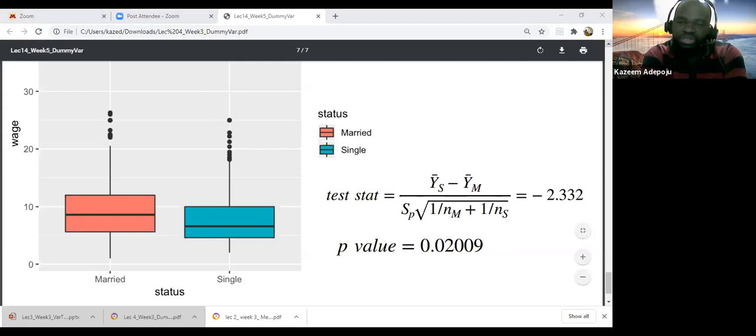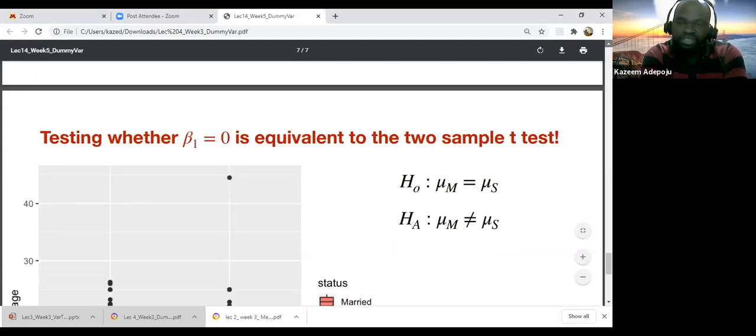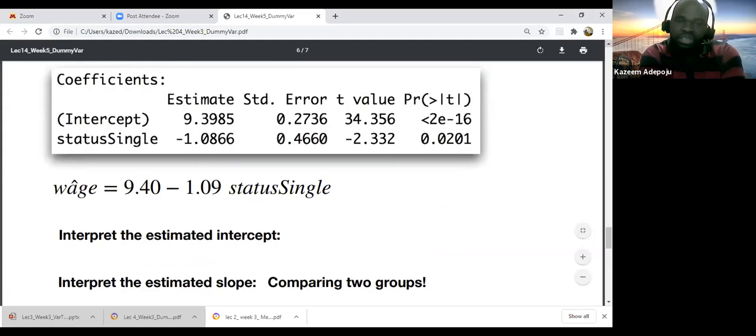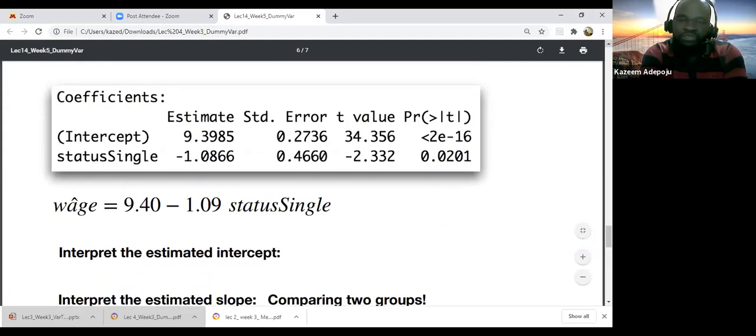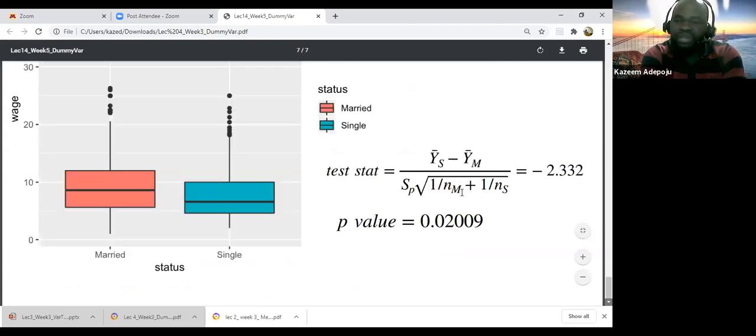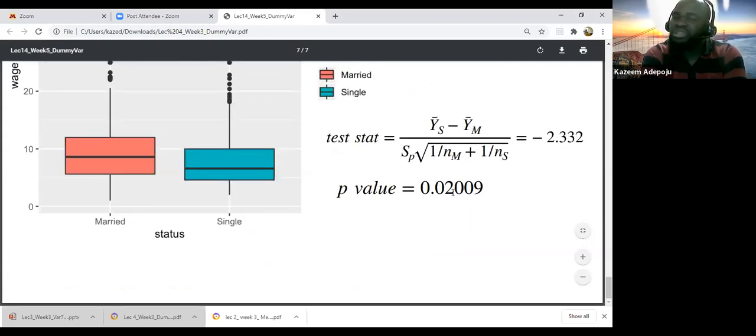Let's go back to the one we have in the regression. If you look at the p-value in the regression, we got 0.020. Can you see now? The p-value here is more or less the same as the p-value we have here. In fact, it's the same to 3 to 4 decimals.